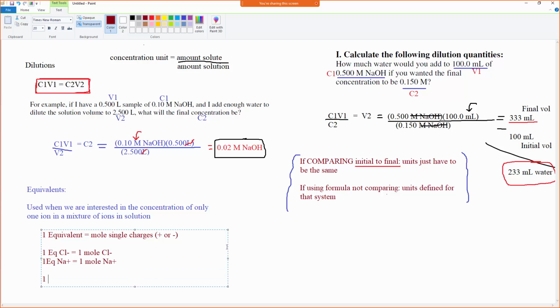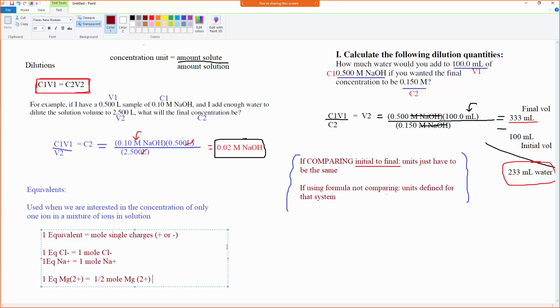But if I wanted to do one equivalent of magnesium ions, which have a charge of +2, well, 1 mole of +1 ions is only going to take half as many moles of magnesium. So 1/2 a mole of Mg2+ ions is going to be one equivalent, because you take 1/2 a mole times a charge of +2, that gives you 1 mole. It's the same as 1 mole of +1s.